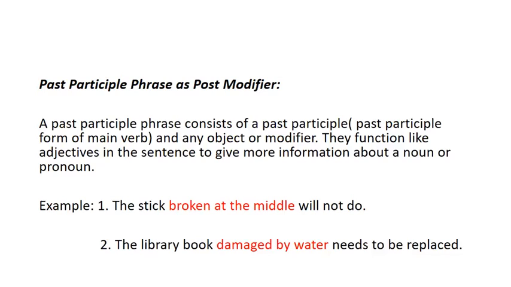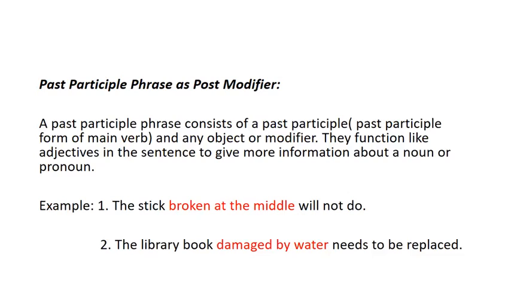Here are two examples of past participle phrase used as post modifier. Number 1, the stick broken at the middle will not do. Number 2, the library book damaged by water needs to be replaced. In the first sentence, the highlighted words broken at the middle is a past participle phrase and it is used after the noun phrase the stick, and it answers which stick will not do, the stick which is broken at the middle.